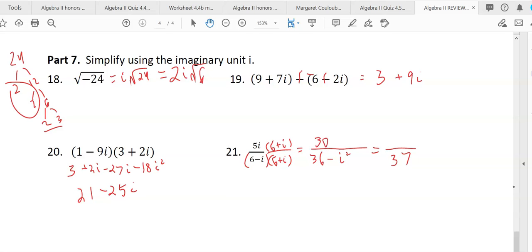So it'd be 30i plus 5i squared. 5i squared is 5 times negative 1, so negative 5 plus 30i in the numerator. You can write that as two separate numbers. Sometimes that's preferable. But a plus bi, so negative 5 over 37 plus 30i over 37.